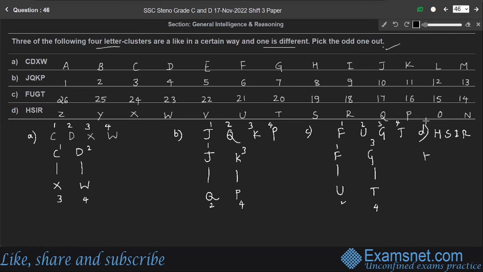The first letter H is opposite to S, and the third letter I is opposite to R. I and R are opposite letters. So options B, C and D follow the same logic. Therefore, the odd one is option A.